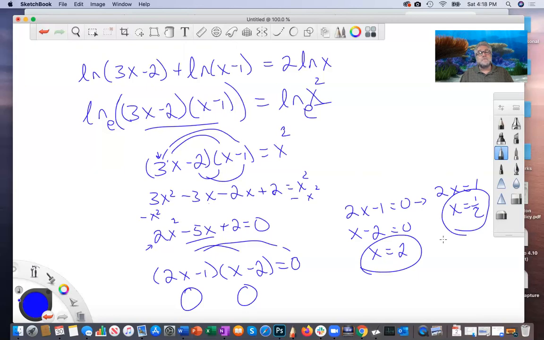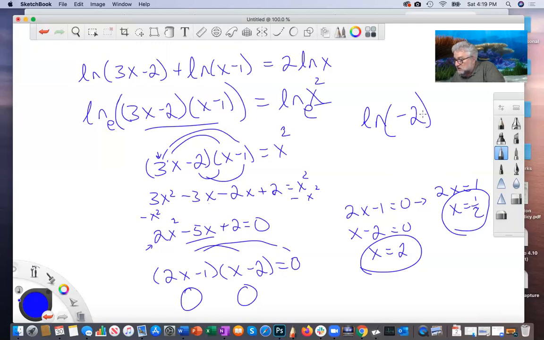Okay? And so there you go. Now, one of the rules with logarithms is you can't take a logarithm of a negative number. Let's see what happens if we do that, just for fun.